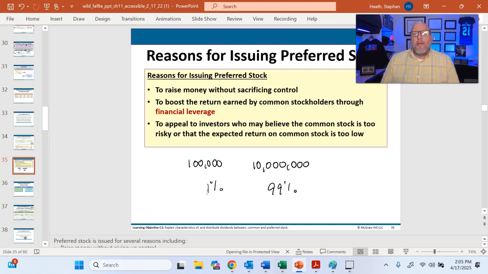So instead, what I can do is issue preferred stock. Preferred stock doesn't have a claim on the ownership of the business, and because of that, they have other rights that common shareholders don't have.